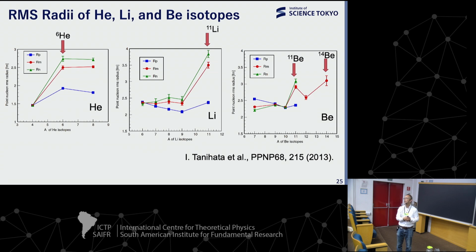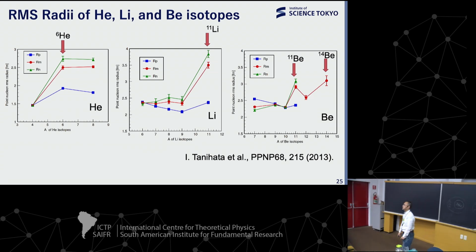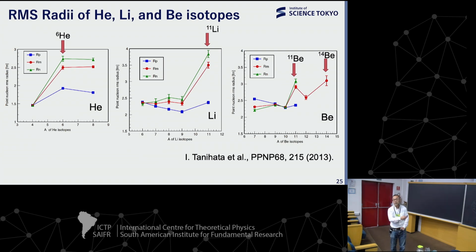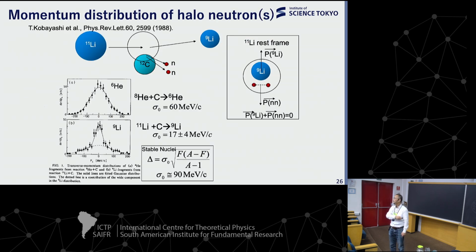Any other question? Yeah, I'm curious about the experiment. First of all, for this momentum distribution, which one? Of this measuring lithium-9 momentum, right? You mean this one? Yeah, this one. Ah, okay. So this will turn out to be measuring the relative distance between the core and the dineutron. Right.